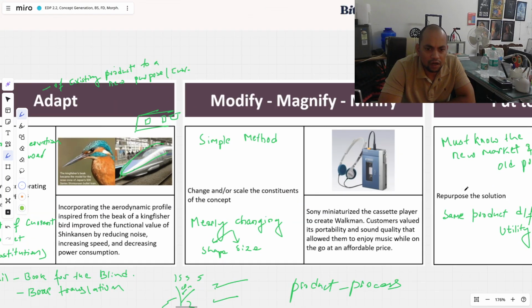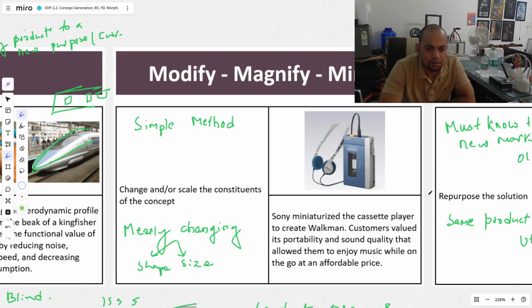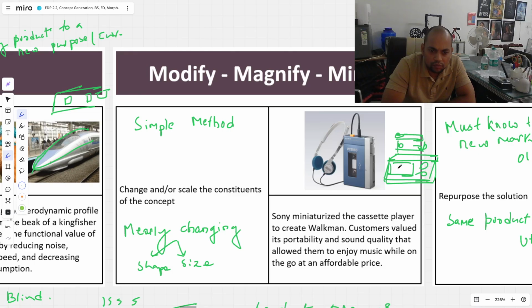In the early days, before the Sony Walkman came, the tape recorders and players used to be larger. This is from the days when radios used to be there, and they had one more segment where you could insert a cassette into the radio. So this is a radio cum cassette player.